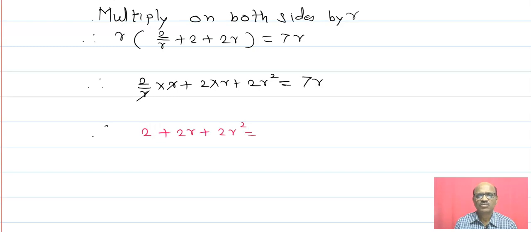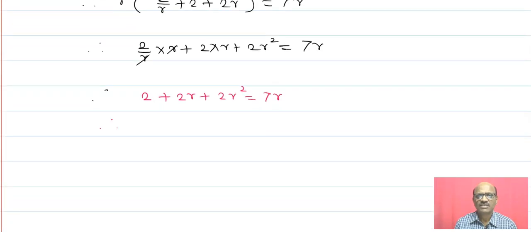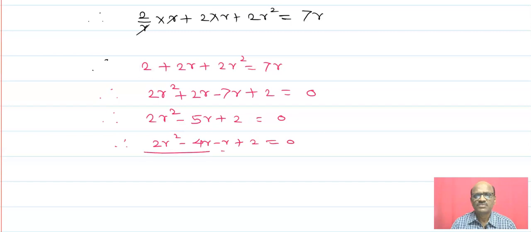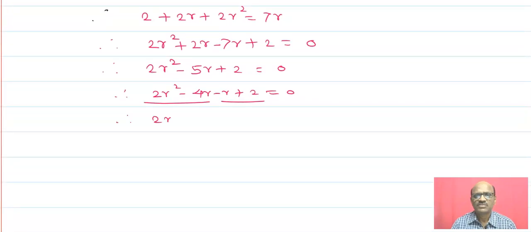Therefore, you are getting 2 plus 2r plus 2r square is equal to 7r. Therefore, 2r square plus 2r minus 7r plus 2 is equal to 0. Therefore, 2r square minus 5r plus 2 is equal to 0.